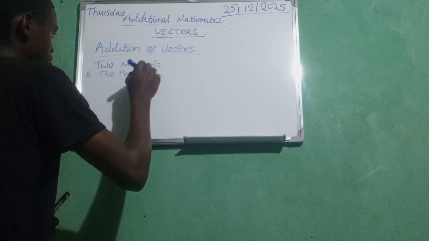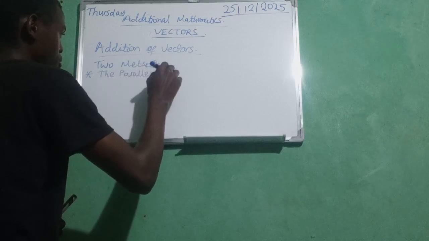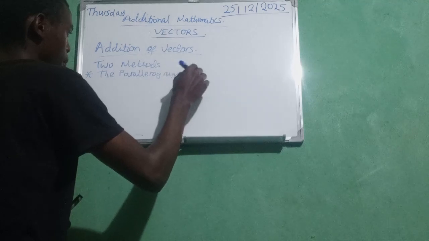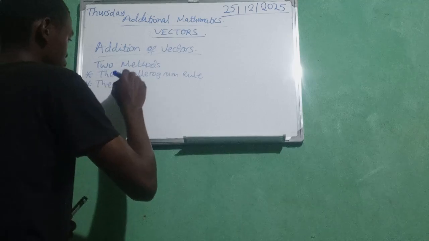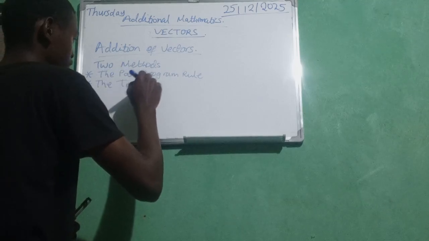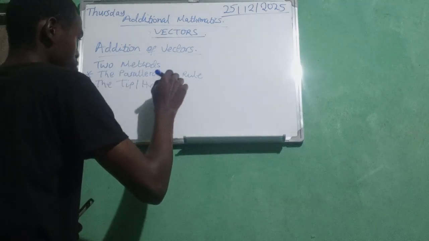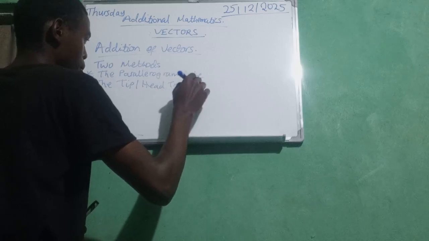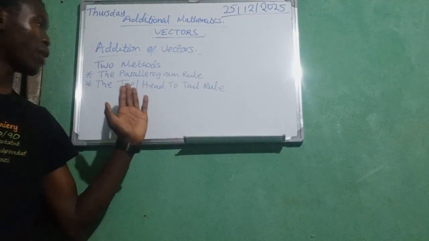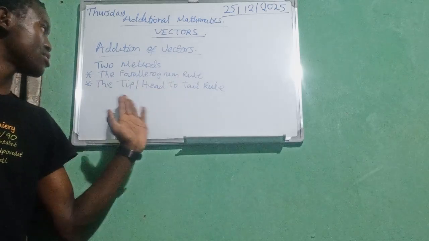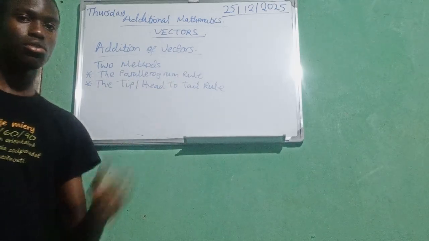There is the parallelogram rule, and then there is the tip or the head to tail rule. So there are two main methods of adding vectors, the parallelogram rule and the tip or head to tail rule.